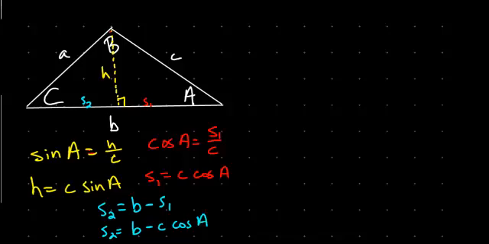Okay? So let me show you the triangle that I'm going to look at now. I'm going to look at this right triangle. So I'm going to pull that triangle out right here. There, there, and there.